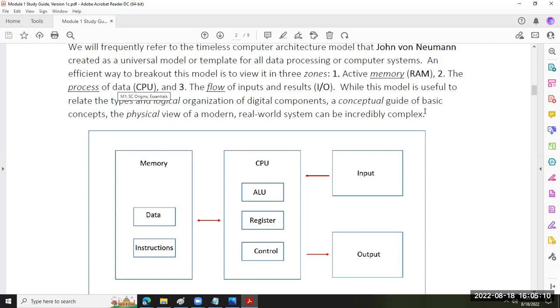Well, when you're troubleshooting and something isn't working, it's good to start with basic assumptions. Do you have enough memory to capture the data? Is your CPU capable of processing the data that's flowing? And is the data flowing in and out properly?